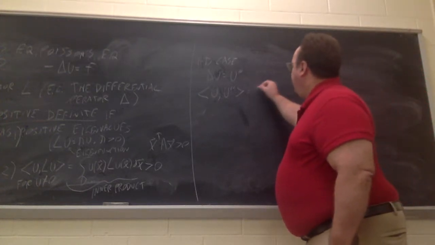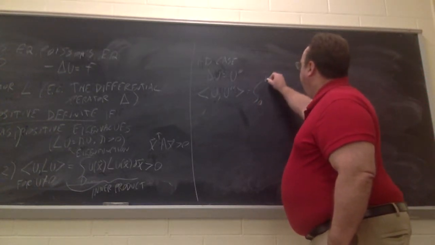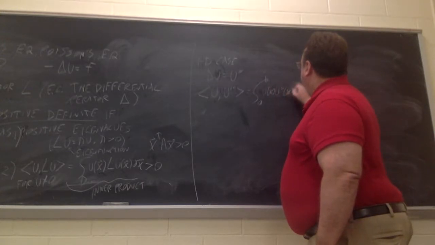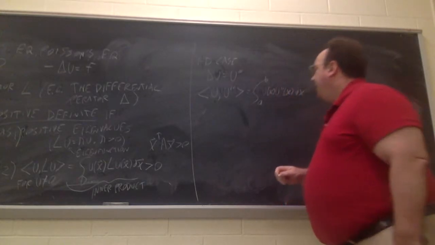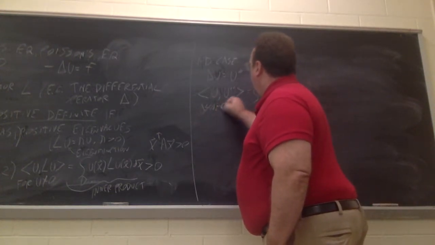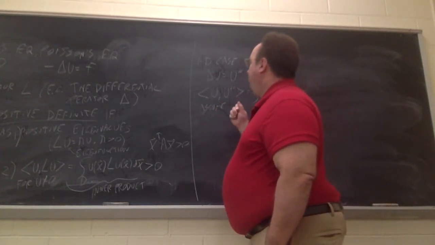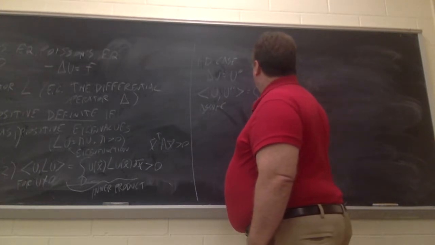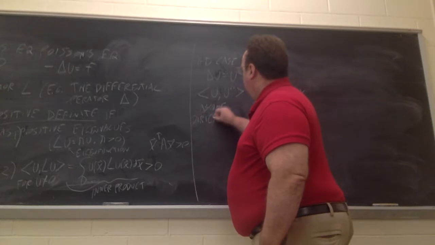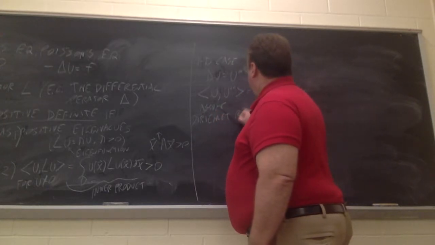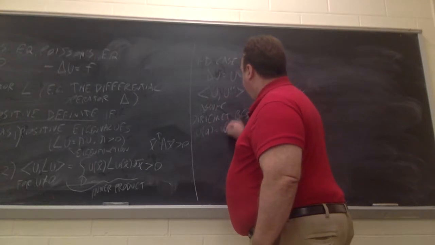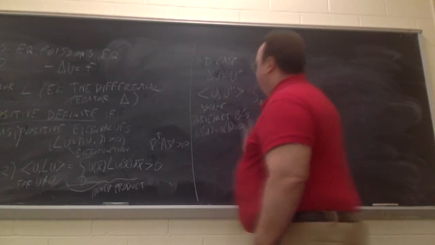And that would be the integral on some interval, a to b, of u of x, u double prime of x. And I'm going to assume Dirichlet boundary conditions. And what that means is u of a and u of b are both 0.